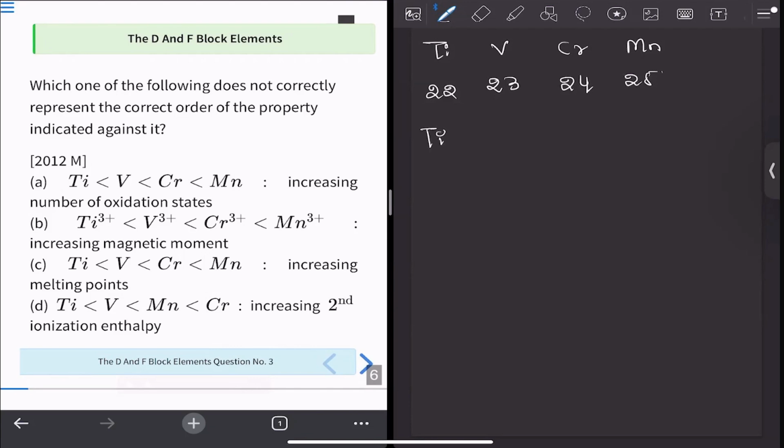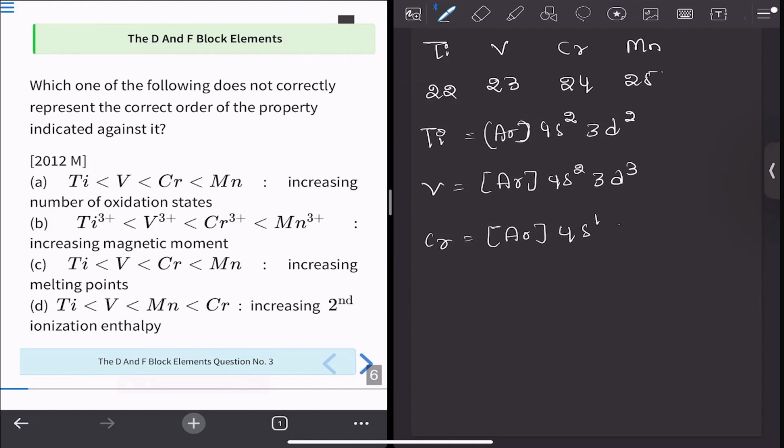If we write the configuration of titanium, it will be argon, we know, argon 18, 4s2, 3d2. Vanadium is argon, 4s2, 3d3. Chromium is argon.